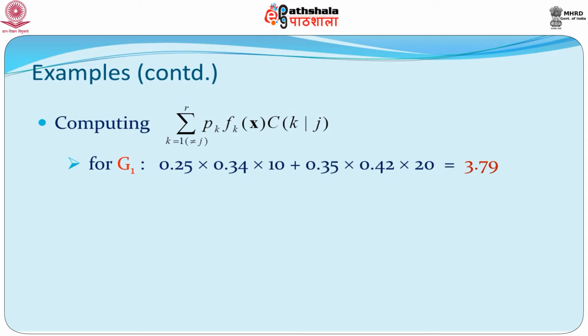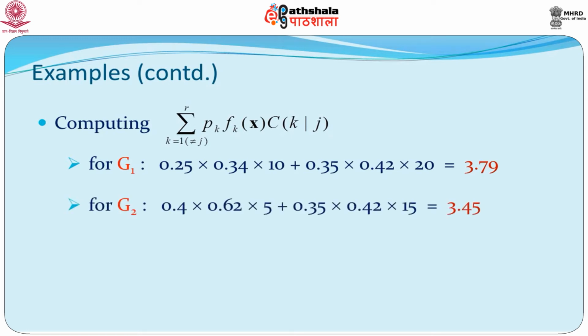Similarly, 0.35 is the probability of coming from the third group, into its ordinate at x, and into the cost of misclassification. So, if j is equal to 1, then we have this sum over the second and the third components, and this comes out to be 3.79.